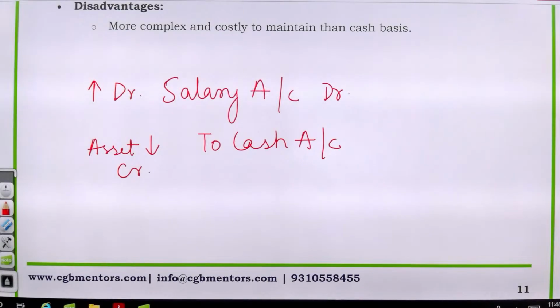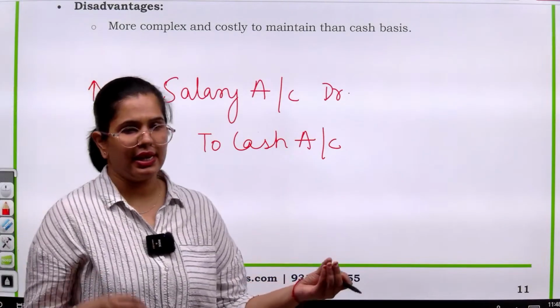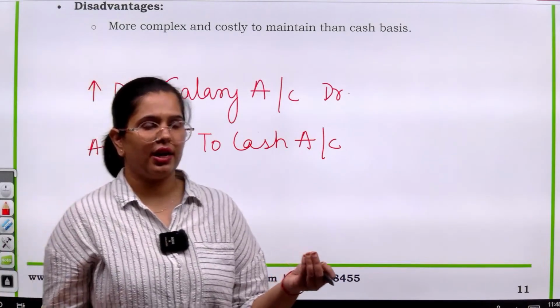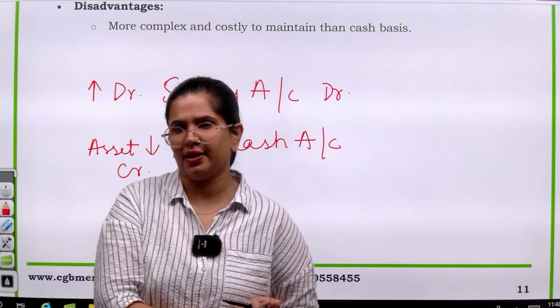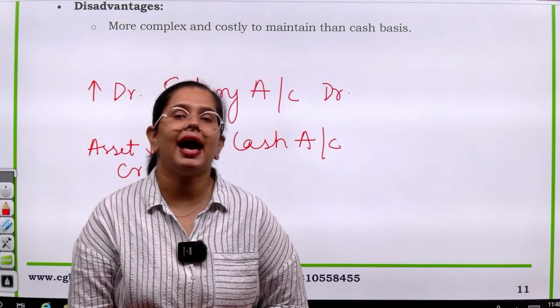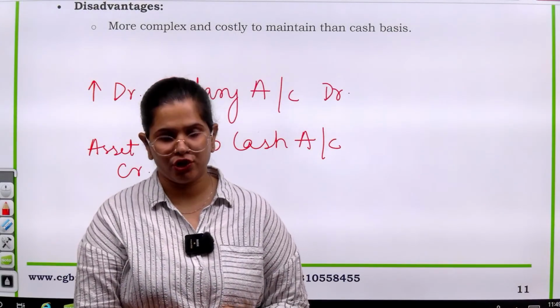Are we clear on this point? Okay, so there is the logic. The relationship between asset and liability is also defined, and the relationship between expenses and asset is also defined. So that's how it goes, and we are done with your introduction to accounting lecture, right?